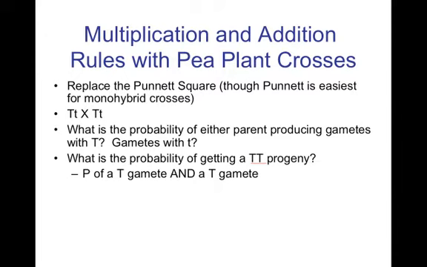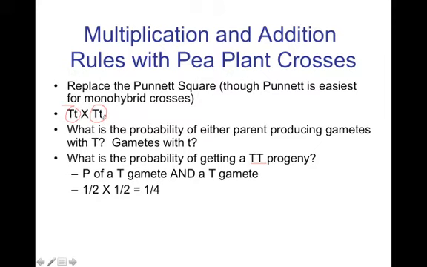So the first thing you'd have to ask is what is the probability of a big T gamete from each of these parents? Well, the probability that this parent here is going to produce a big T, or this parent producing a big T, is 50%.